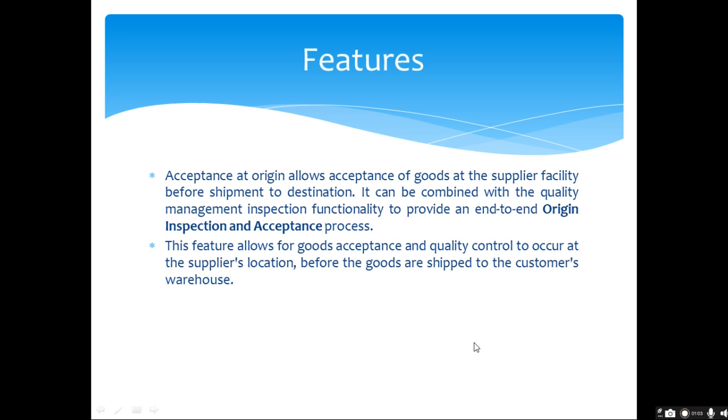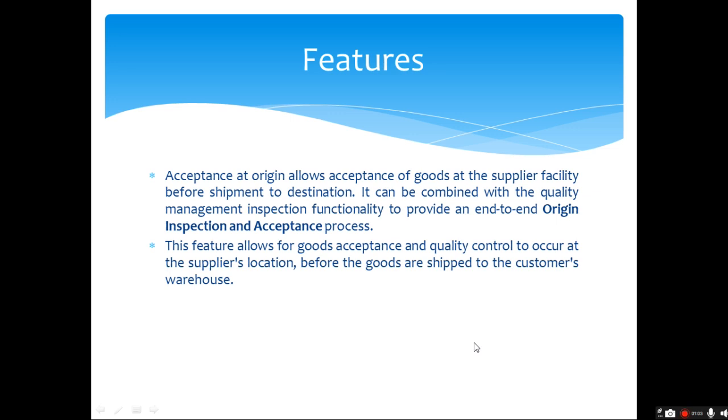Supplier facility means, when we send a purchase order to the supplier, and the material is ready at the supplier location, before dispatching that material we will do some inspection, like quality inspection or visual inspection, at the supplier location. If the inspection results are as expected, then we can perform the acceptance activity in the system.